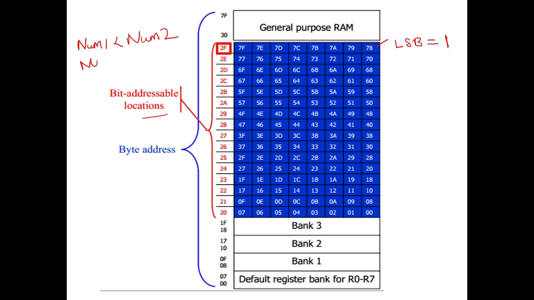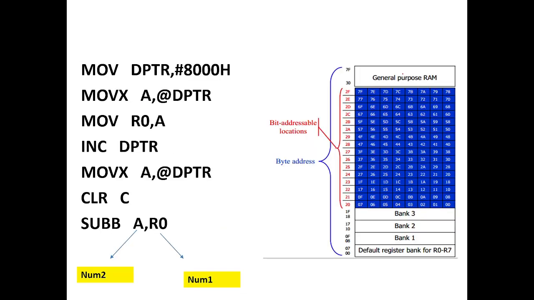If number 1 is greater than number 2, I need to set the MSB, most significant bit, as 1. If number 1 is equal to number 2, I need to clear both the MSB and LSB to 0 at the location 2FH. This is the logic. Now we'll go for the program.